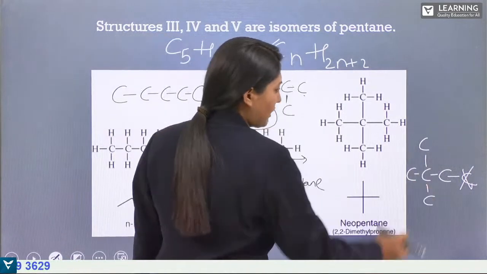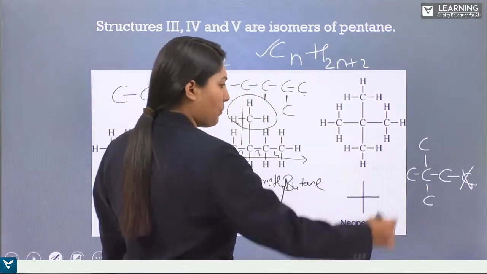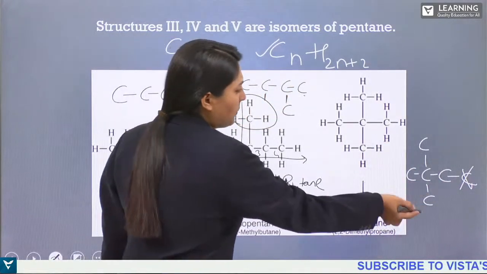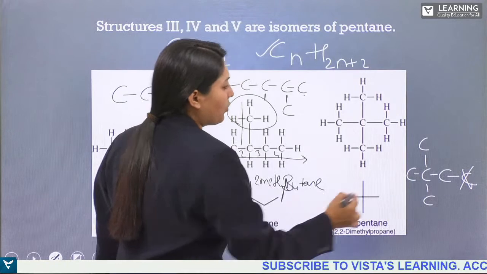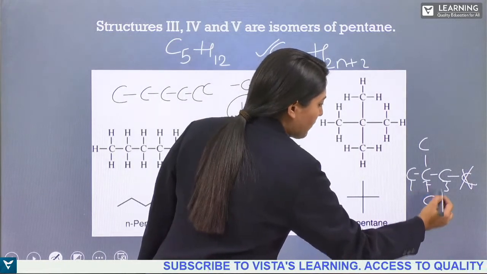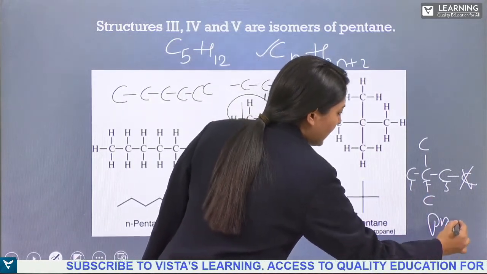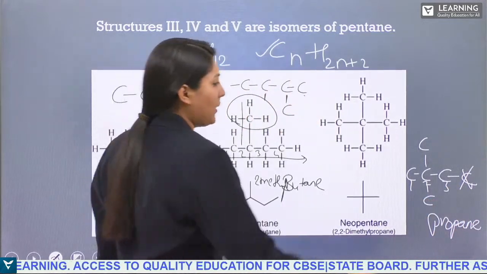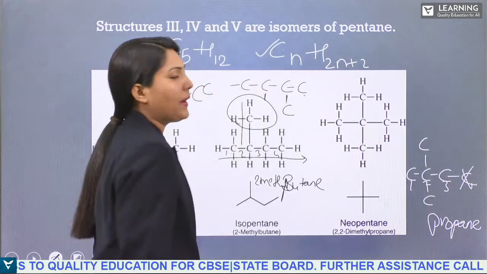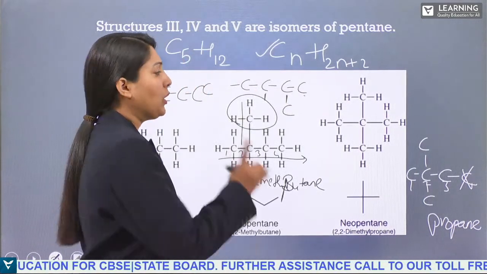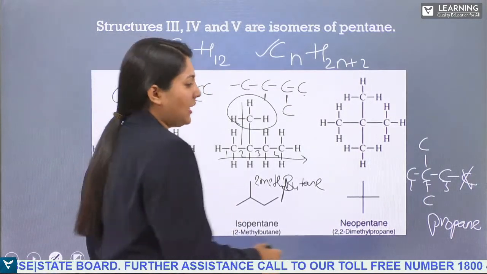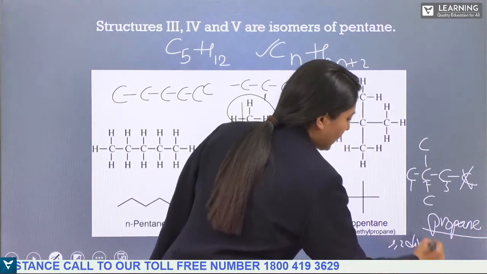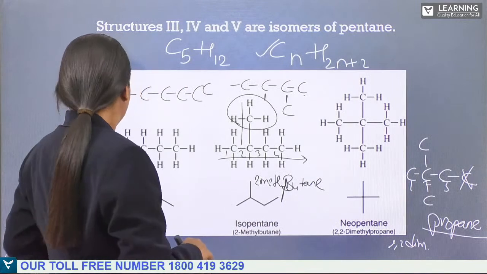So only this structure works with propane, 3 carbon atoms as the parent chain, and 2 branches. Propane because all single bonds, and we have 2 methyl groups attached to the second carbon atom. So 2,2-dimethyl propane.